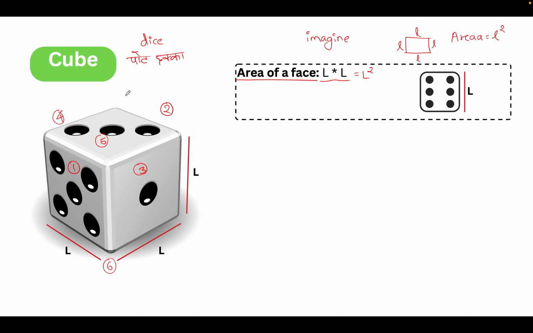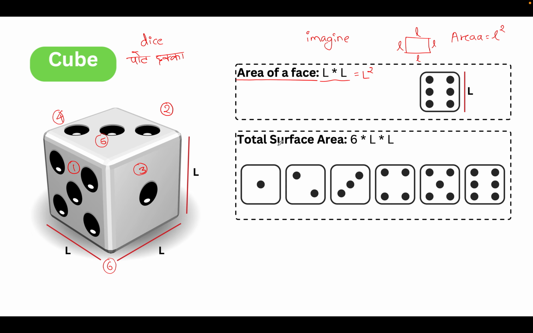Now we'll move on to total surface area. Total surface area is the area that gets the color when you dip the cube into a bucket of color. What I mean to say is, this is a bucket of red color, and this is a cube.